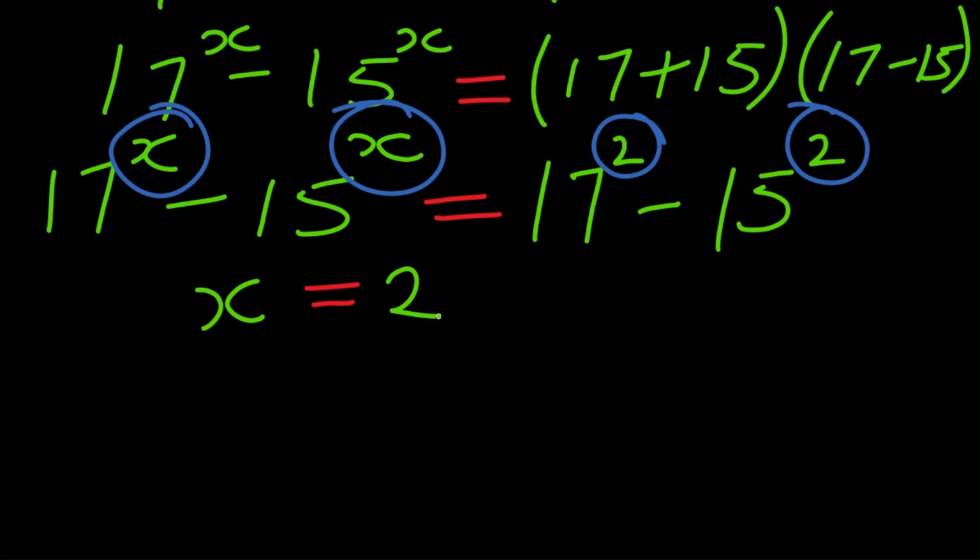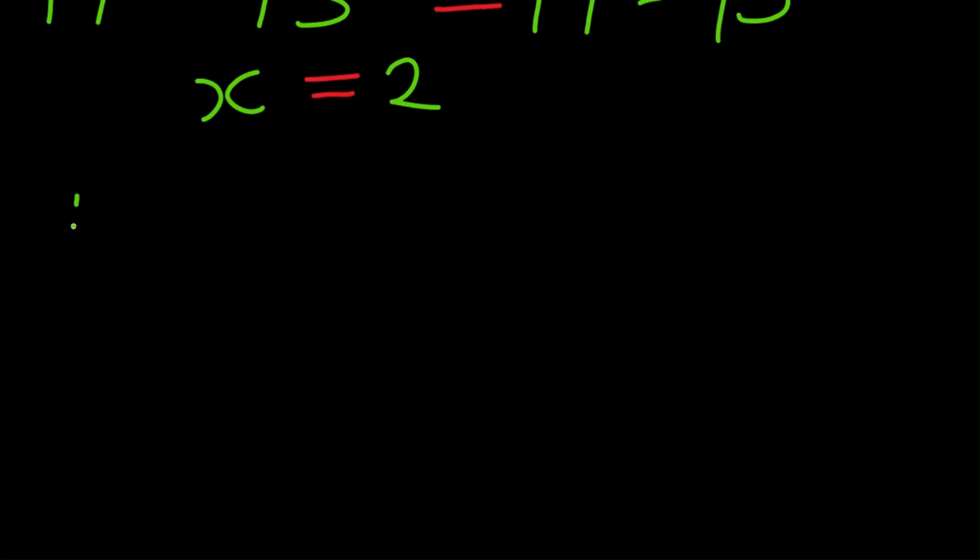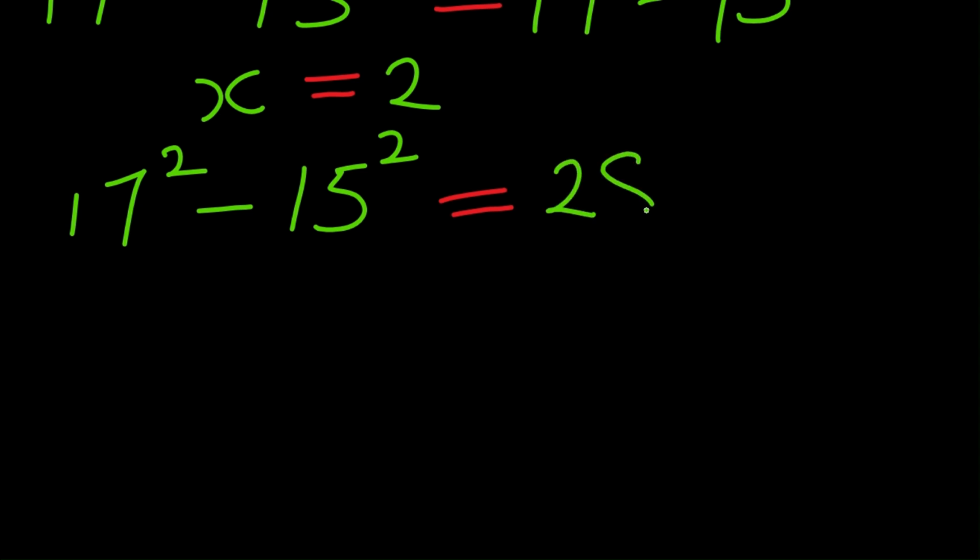Substituting x equal to 2 in the above equation, we have 17 squared minus 15 squared. 17 squared is 17 times 17, which gives us 289. 15 squared is the same as 15 times 15, which gives us 225.